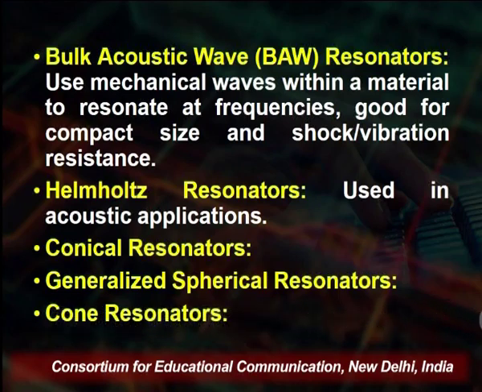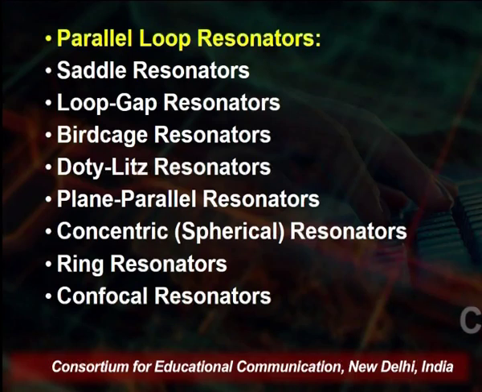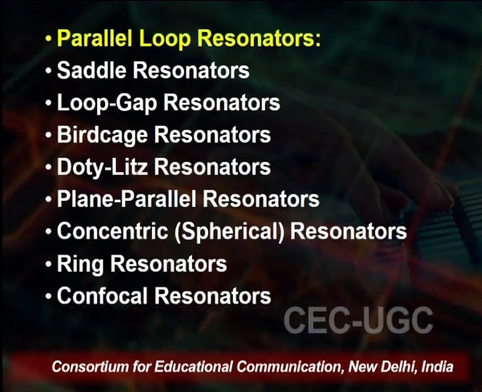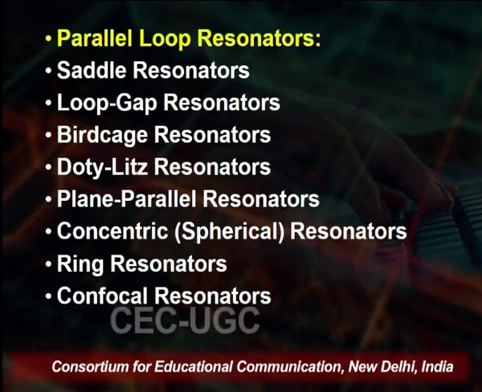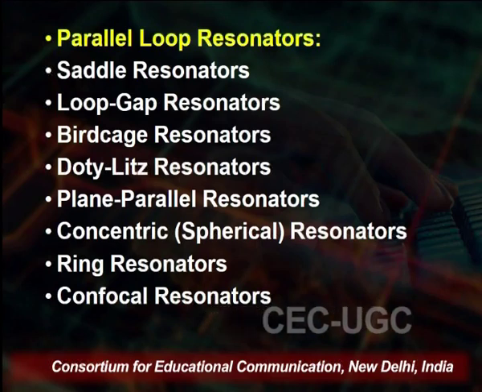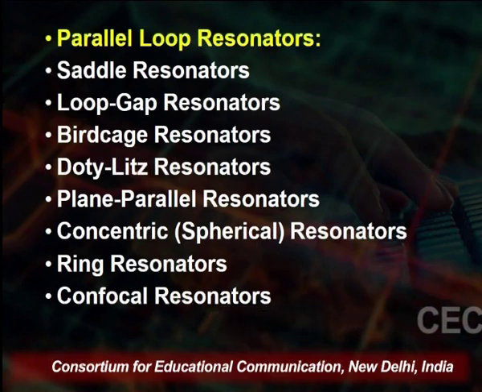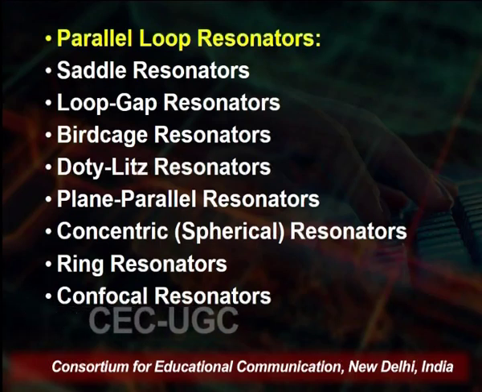So we have another type which is a conical resonator, and we have a generalized spherical resonator, cone resonator, and there are the parallel loop resonators, then saddle resonator, loop gap resonator, bird cage resonator, dotted resonator, plane parallel resonator, concentric spherical resonator, ring resonator, confocal resonator. So there are various types of resonators.